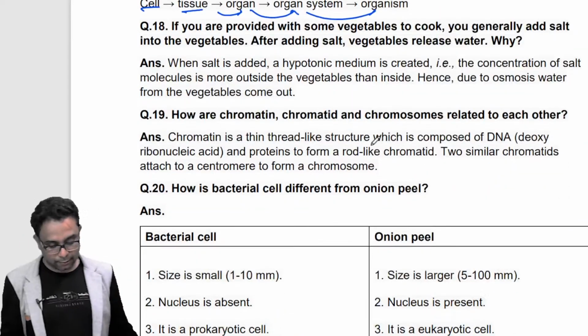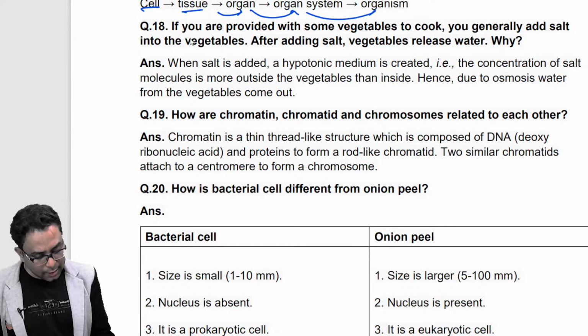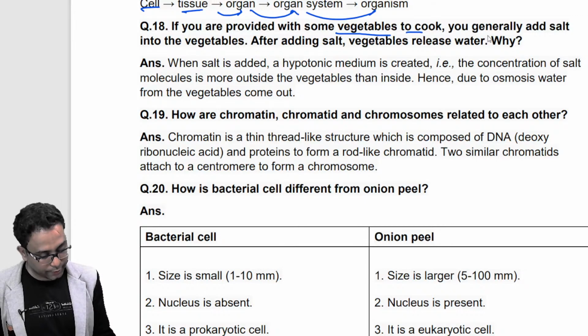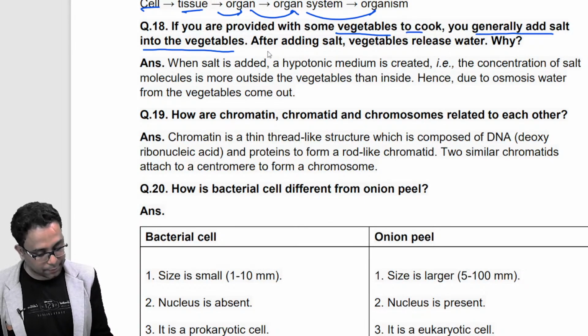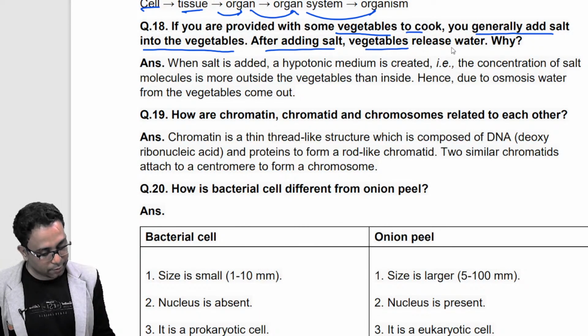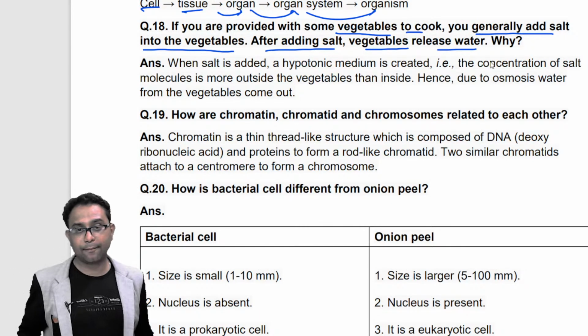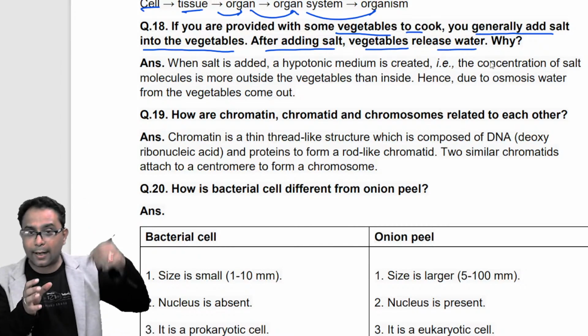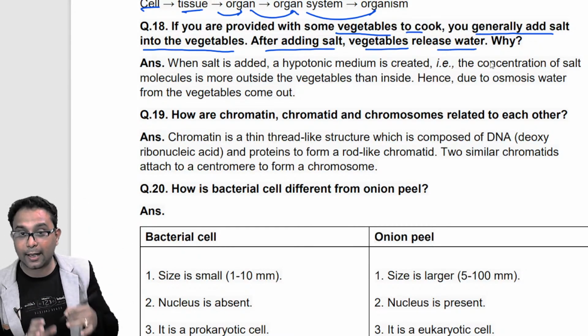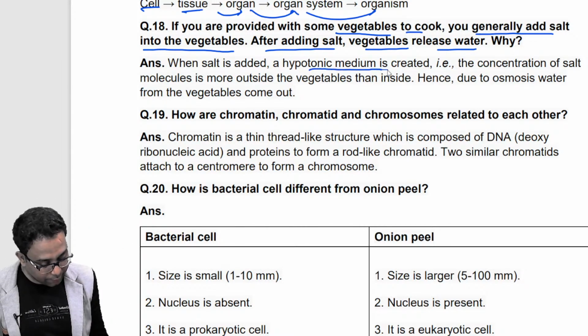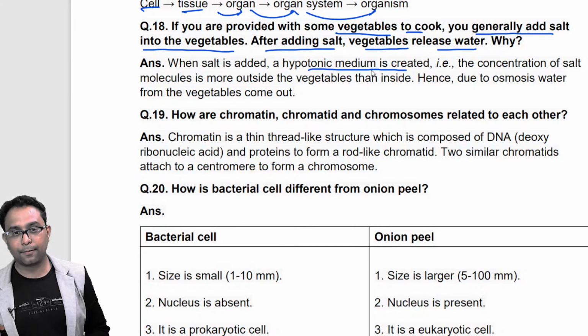Next question, question number 18. If you are provided with some vegetables to cook, you generally add salt to the vegetables. After adding salt, the vegetables release water. But why? When you add salt, a hypotonic medium is created.